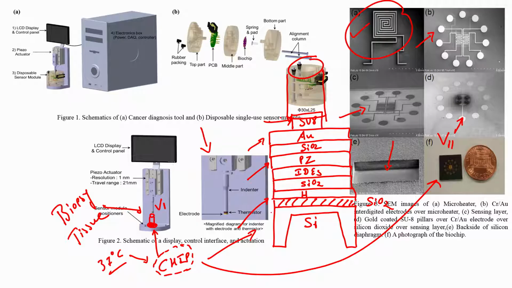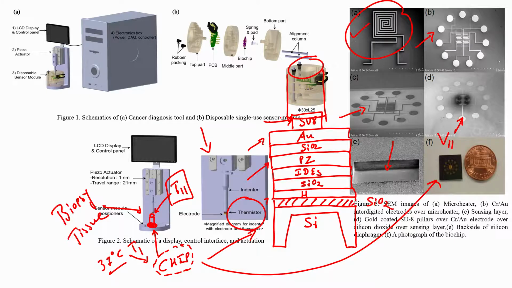Now, you see the indenter has a thermistor, and this thermistor would be on the top of the tissue here. So, let us say T11 and the chip is at T1. Because the chip has a heater and the indenter has a thermistor, I can measure the change in the temperature. If I apply 37 degrees centigrade, what is the temperature at the tip of the tissue, which is T11, and from that difference I can measure the thermal conductivity of the tissue.